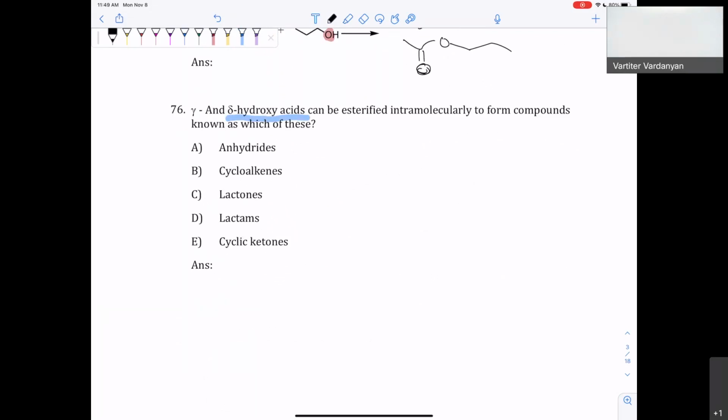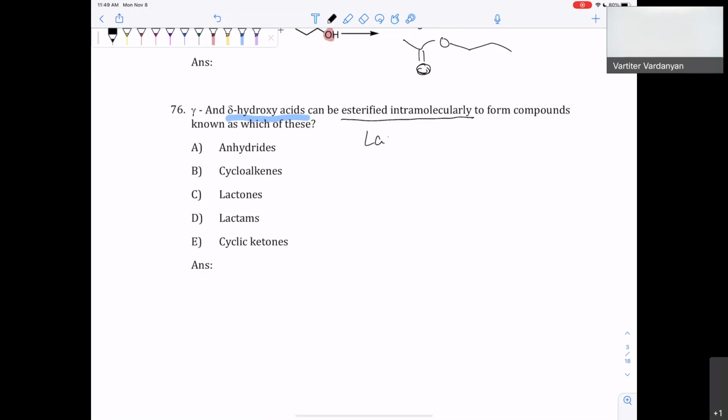So it's saying that we have a carbon chain that has both a carbonyl and an OH. And we also see that it says esterified intramolecularly. So what is the only intramolecular reaction we've learned about in chapter 17?